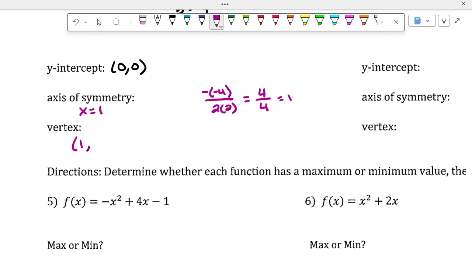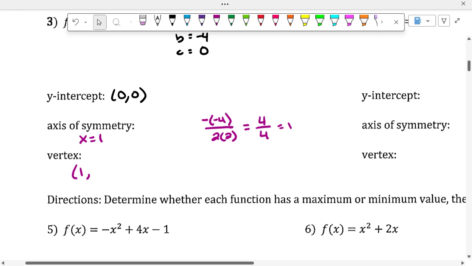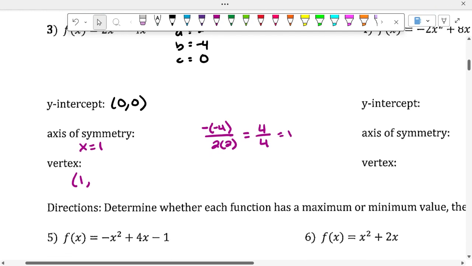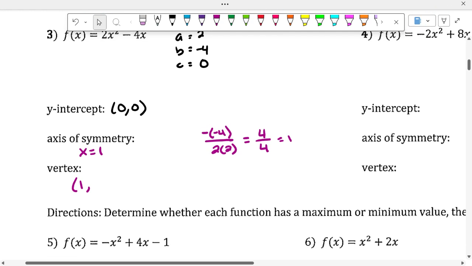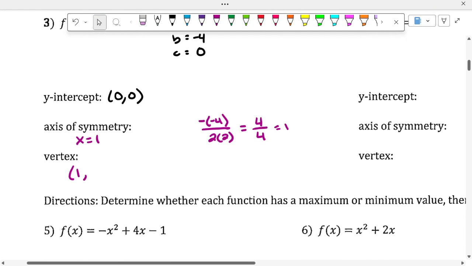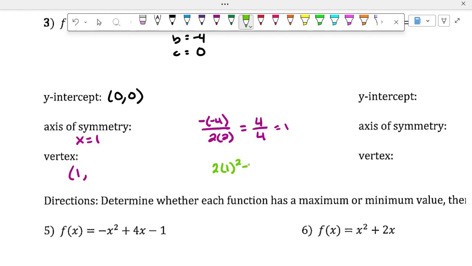So how do I plug it back in to get my y? Rajan. All right, so what will that look like? 2 times 1 squared times.